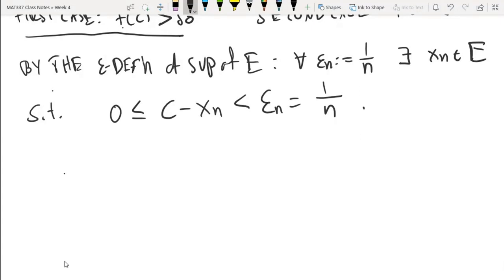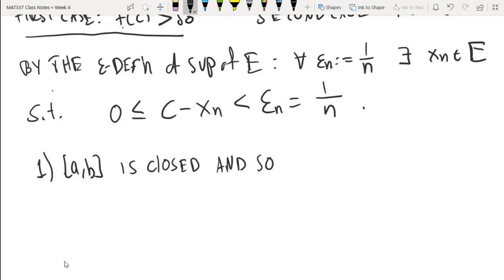All right. Now, two things. First, [a, b] is closed. Even though it might not be obvious at first, this makes it obvious.